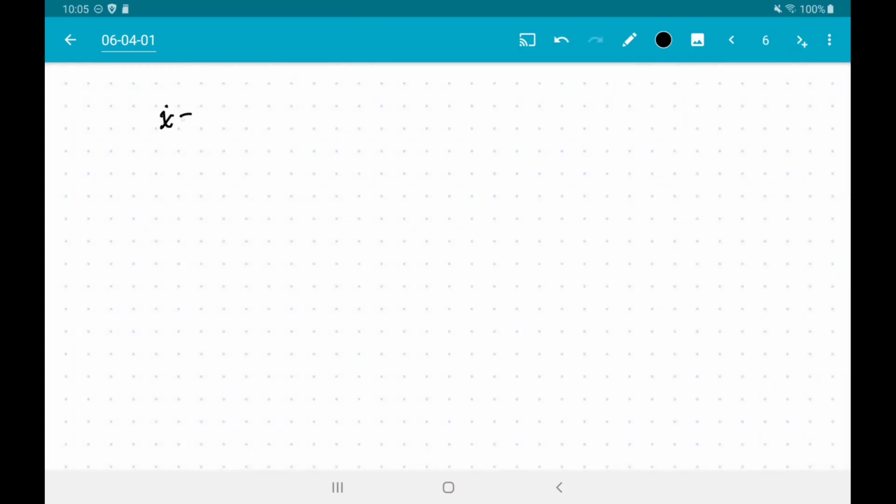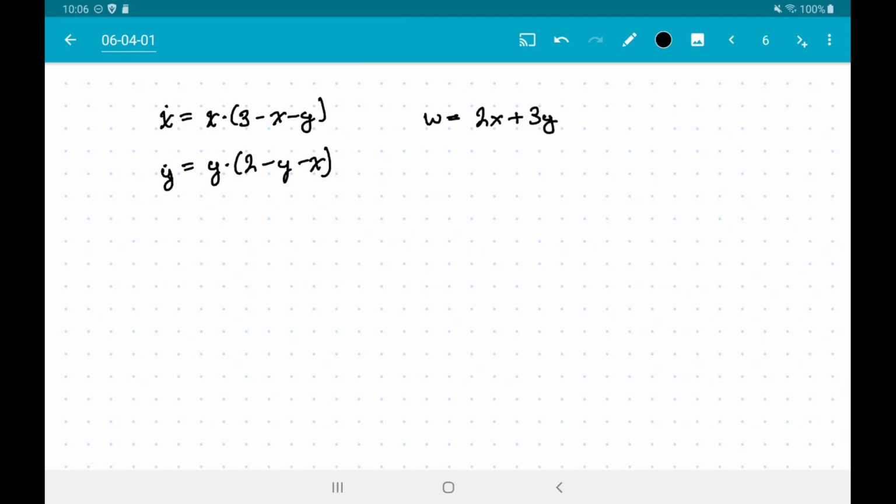So if you remember, we've got x dot equals x times (3 minus x minus y), and y dot equals y times (2 minus y minus x). I'm going to change variables and let w be 2x plus 3y. And then, just to be complete, I'm going to let z be equal to x plus y.